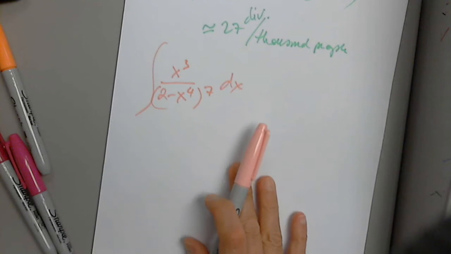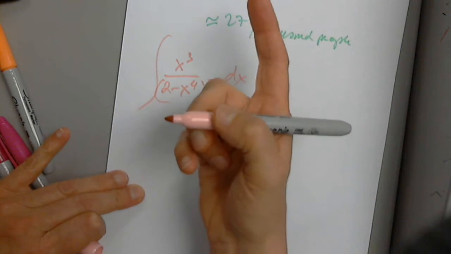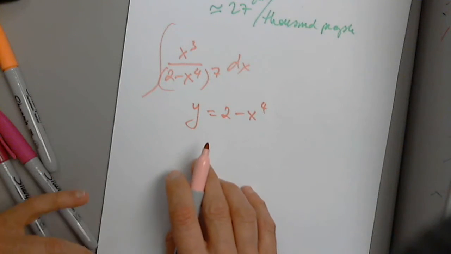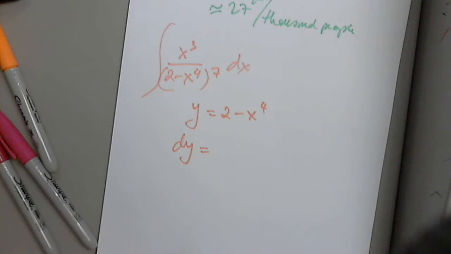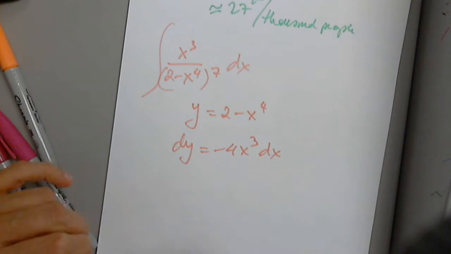So is this a problem? Okay, remember the substitution rule. We're going to say the same thing as what we just did a few minutes ago: y is 2 minus x to the fourth. Can anyone give us dy? Negative 4x. Exactly.